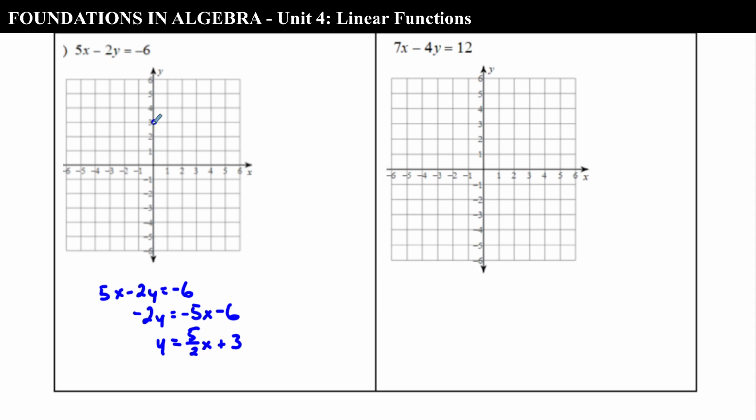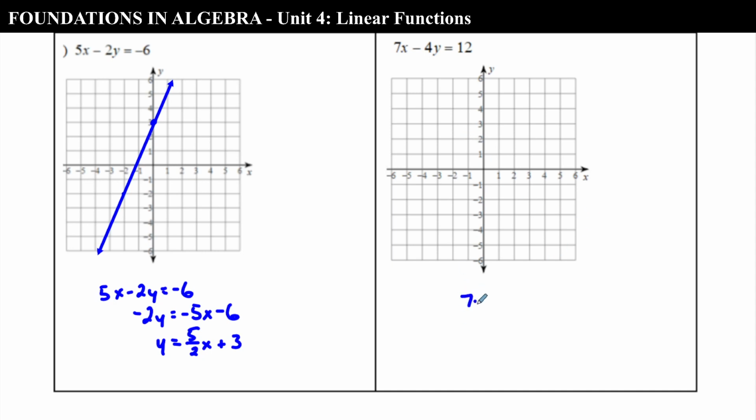So 3 is our y-intercept. Our rise is going to be 5, so we're going to have to go down 5 and run of 2. So we'll have to go to the left 2. And that's the only 2 points we can do. So our line is going to be through here. Remember, use a straight edge, use a ruler to connect these.